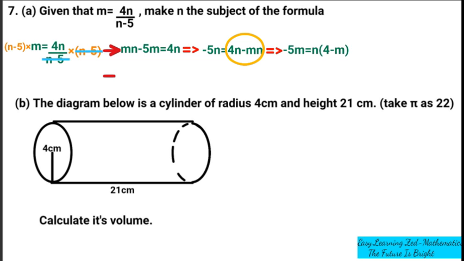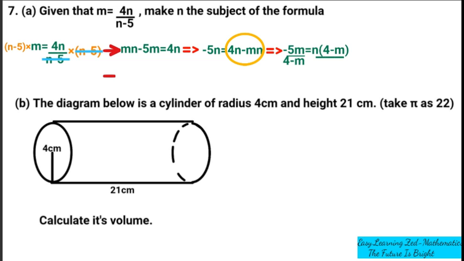Once I've done that, the next thing is to divide both sides by 4 minus m. Where we have negative 5m, we divide by 4 minus m, and we also divide n open bracket 4 minus m by 4 minus m.